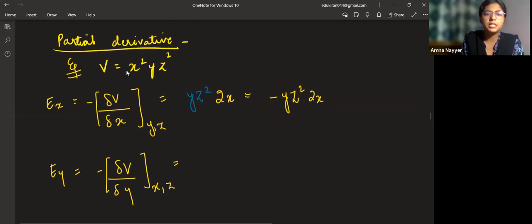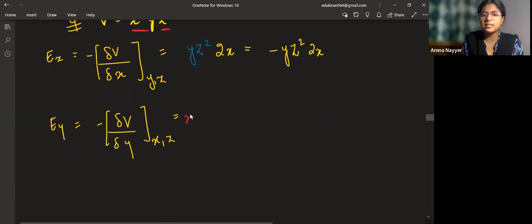So you will put x square as it is, z square as it is, because these are constant terms, and you just multiply them as it is.